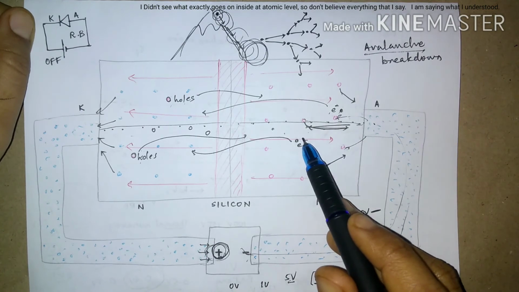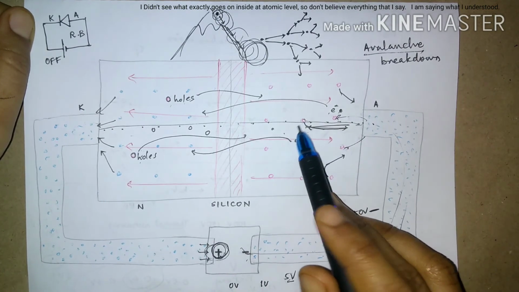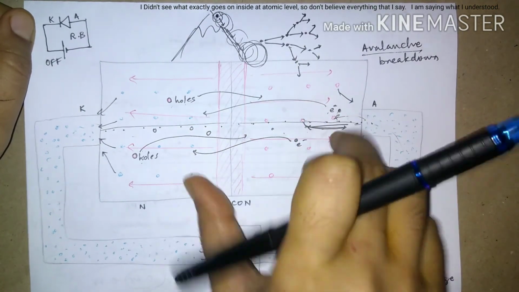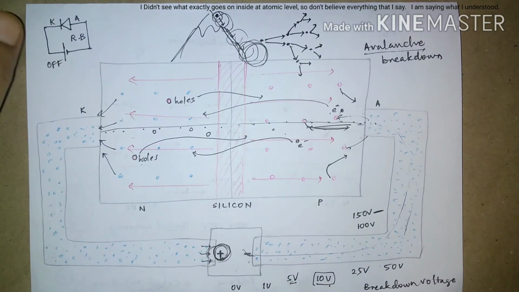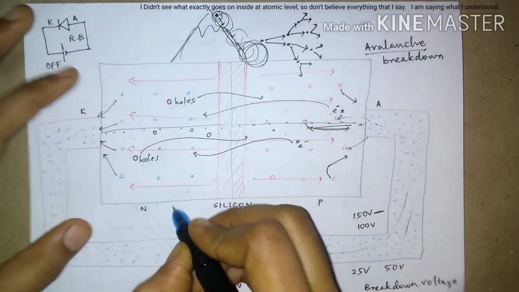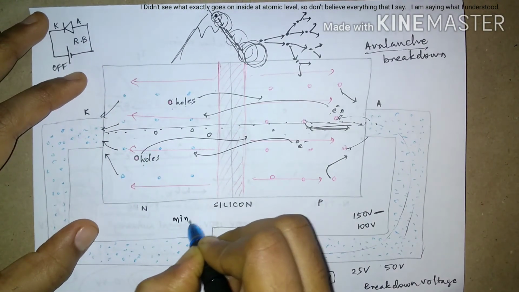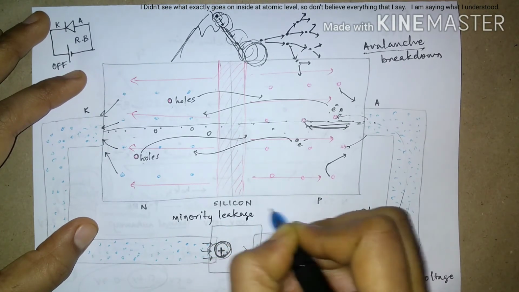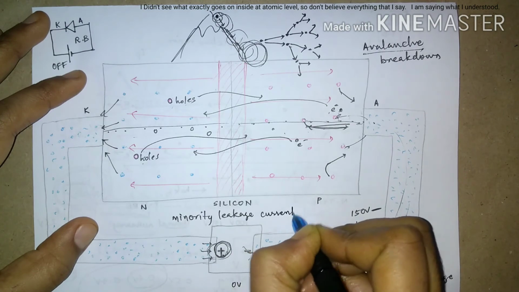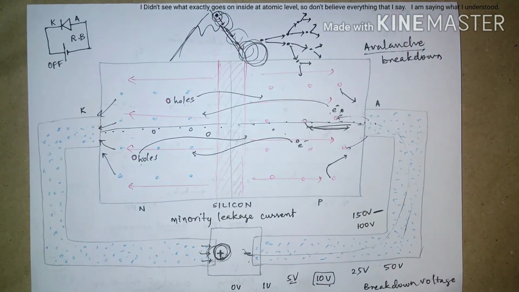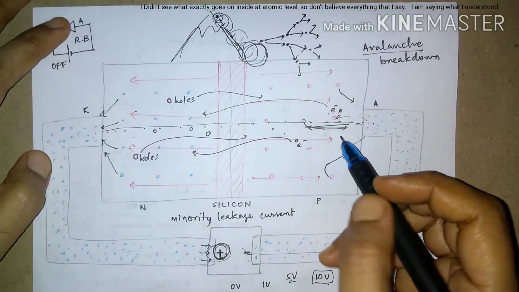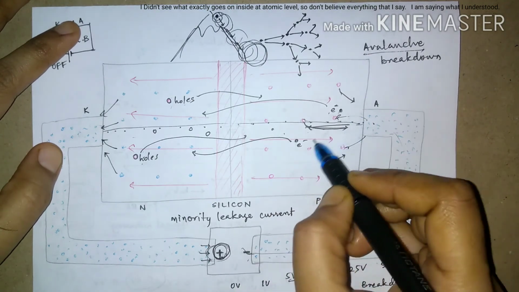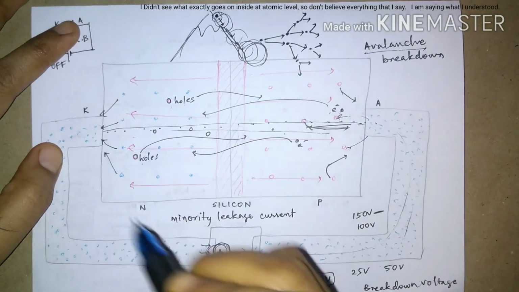It withstands that, there is no current here and very minute current flows. That minute current is nothing but minority leakage current. So that minority leakage current flows, electrons flow from this side to this side.